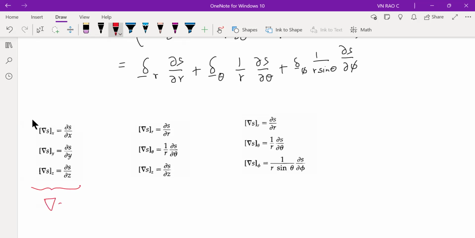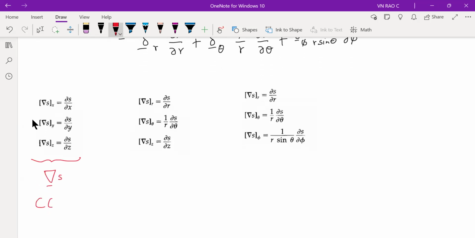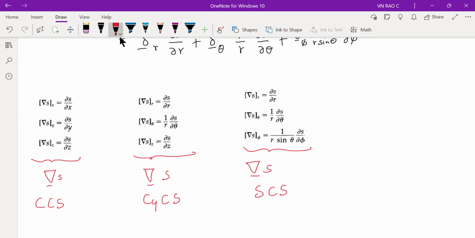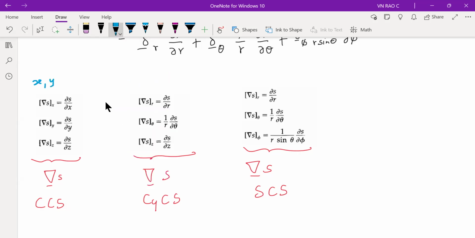So this is formed by the gradient of a scalar field in Cartesian coordinate systems. This is found by the gradient of a scalar field in cylindrical coordinate systems. This is found by the gradient of a scalar field in spherical coordinate systems. So the coordinates we are trying to write are x comma y comma z, that means x direction, y direction, z direction.